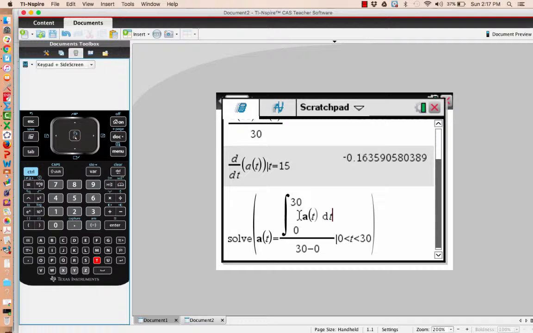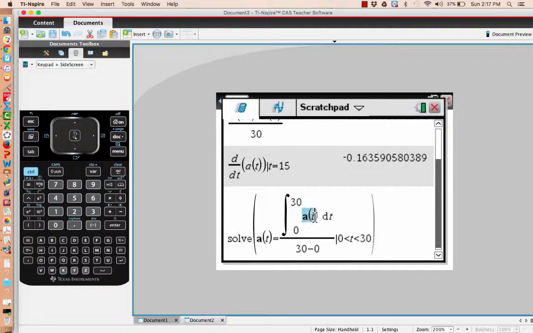Now, make note that the units make sense here. A of t is measured in pounds. dt is change in time, measured in days. So I have pounds times days in the numerator divided by days in the denominator. So the units for this right side are indeed pounds. So everything makes sense. All right, we're solving this equation for time.